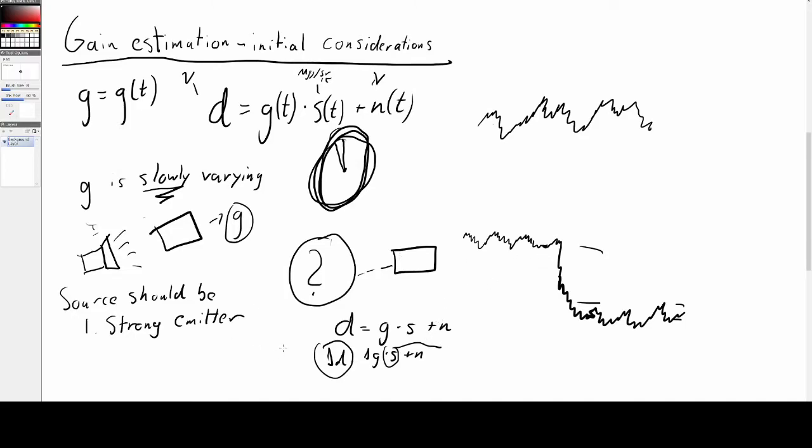So that's the first property that we want from a source.